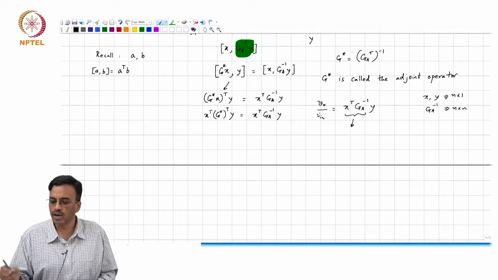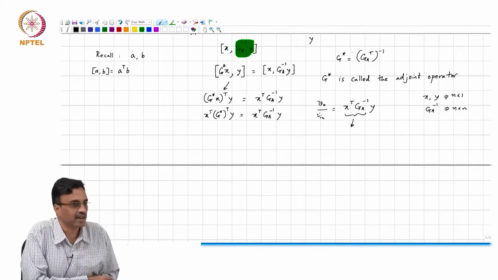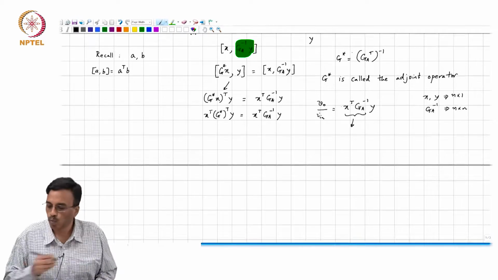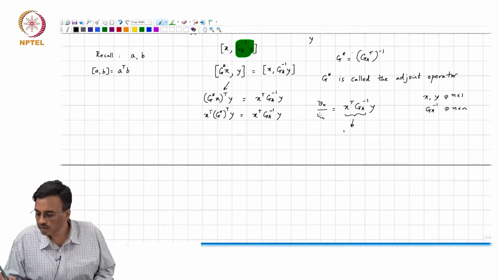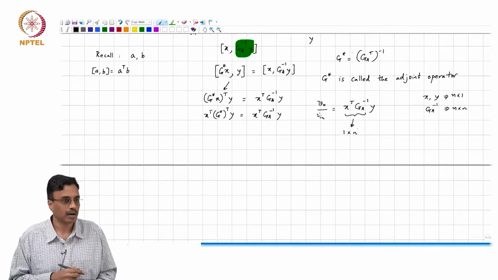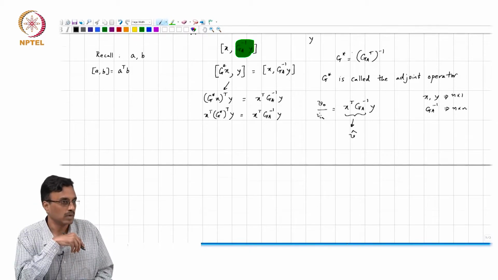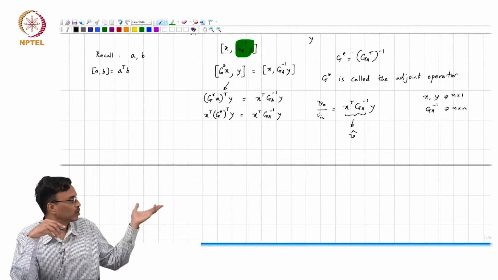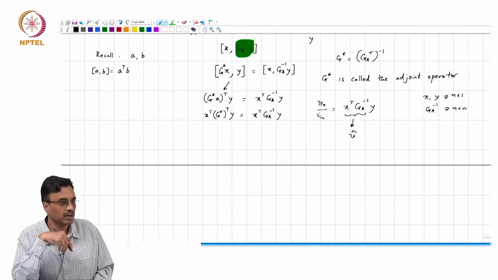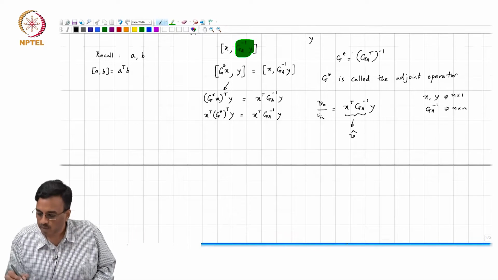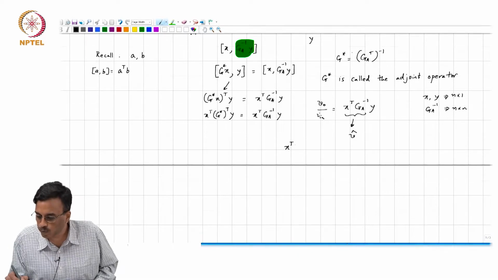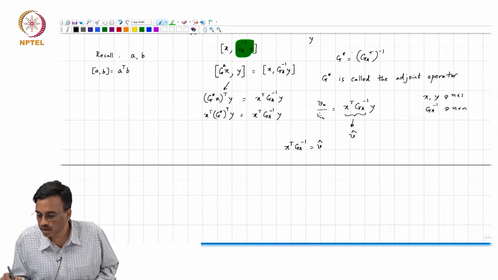So, what comment can we make about X transpose times GA inverse? 1 cross n, it is a row vector, correct? And I am going to call that V hat, all right. I mean, it is just notation, there is nothing holy about that. So, basically this is saying X transpose GA inverse equal to V hat.